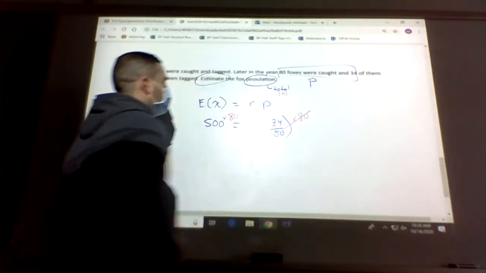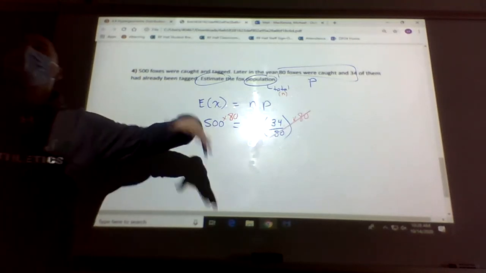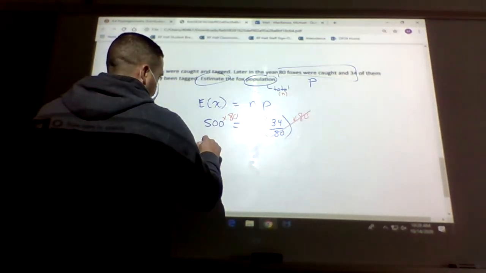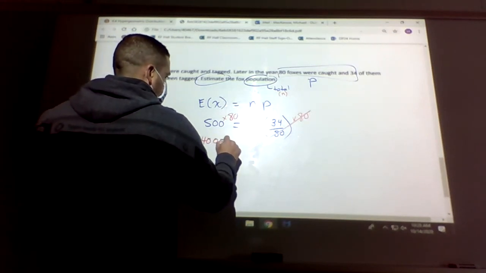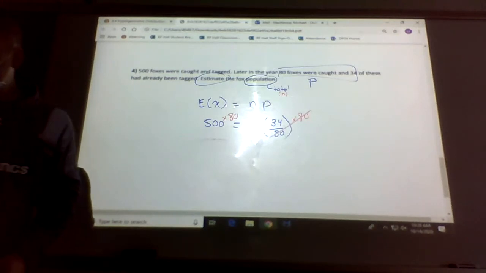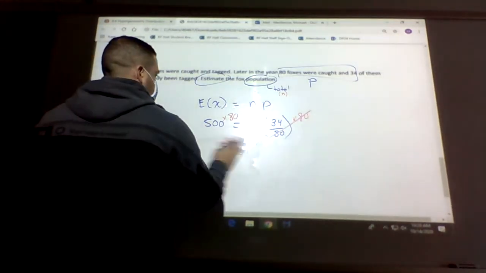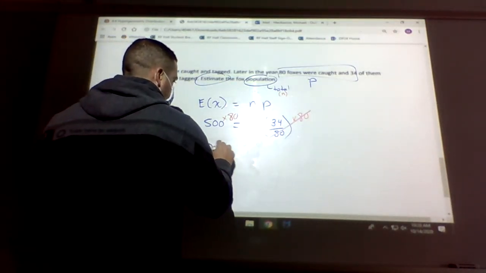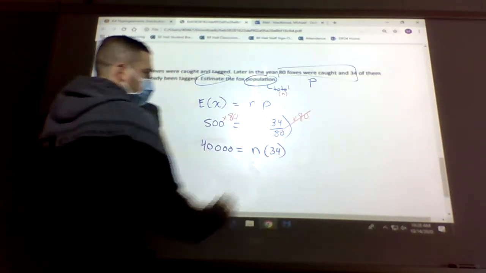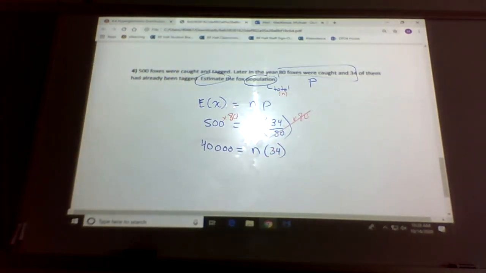So this cancels out, and you multiply 80 on the other side. So 500 times 80 gives you 40,000. So 40,000 equals n times 34. So I got rid of the 80.